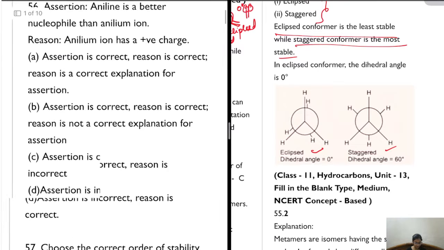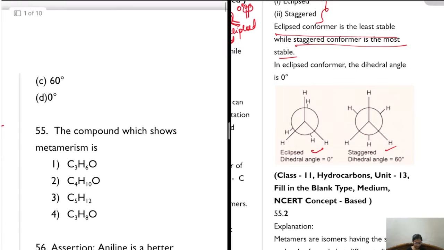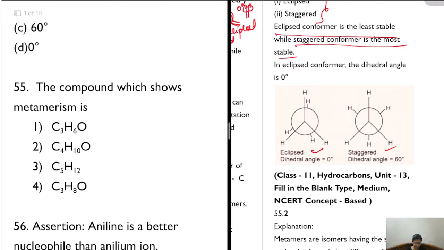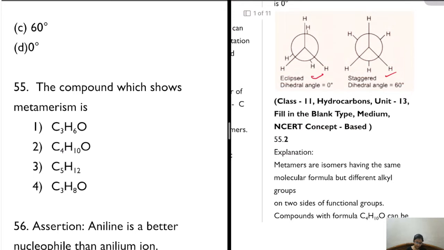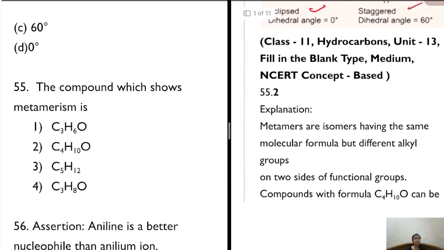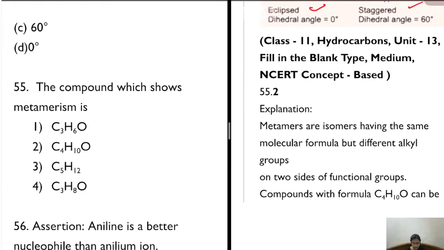Now let's move to the next question. The compound which shows metamerism is? Let's see what metamers are first. These are isomers that have the same molecular formula but different alkyl groups. For example, I have an ether, say one chain here and one here, let's take C2H5 and maybe C3H8.